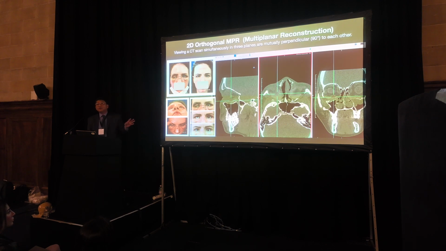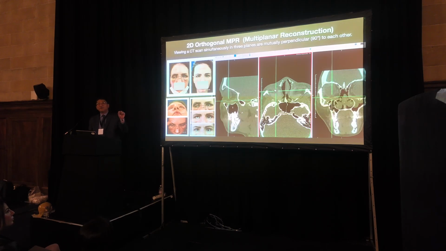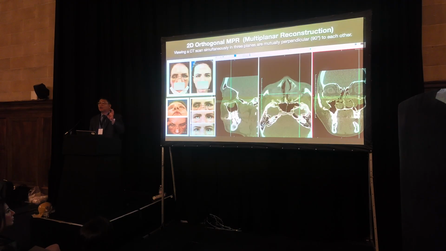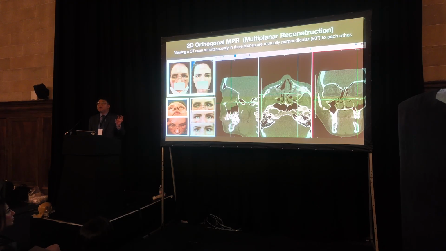So I do encourage you to look at 3 views at the same time, so you can remember every angle, every contour, every shape of the fracture. When you go into surgery, you remember everything, so you can dissect the soft tissue easily and confidently.